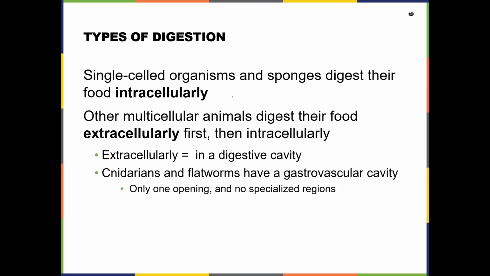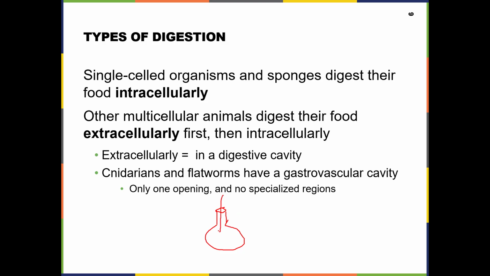So one way or another, monomer units end up inside the cells so that the cell can use them either for energy through respiration or for building other molecules. And you'll remember the cnidarians and the flatworms have what we call a gastrovascular cavity, which means they really only have a mouth that leads to some kind of single space, no matter what the shape is.